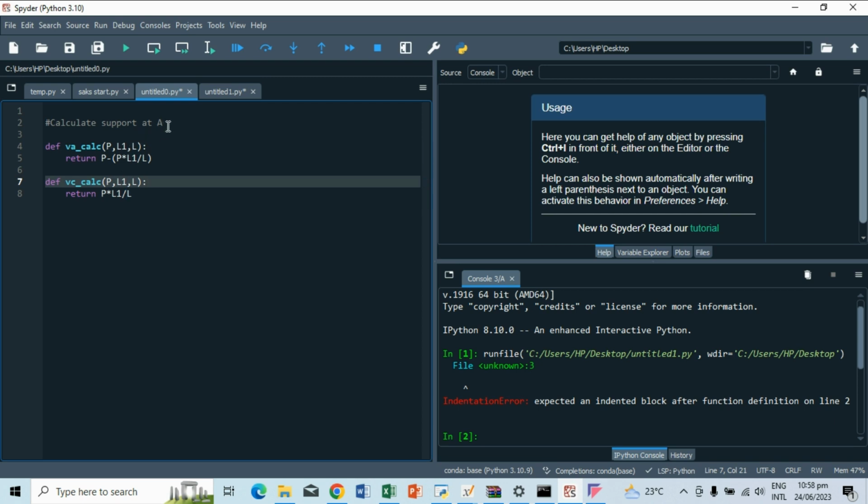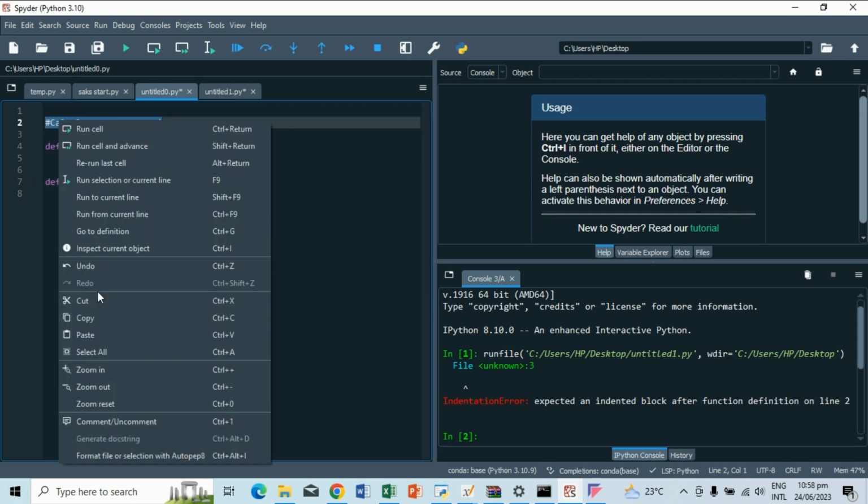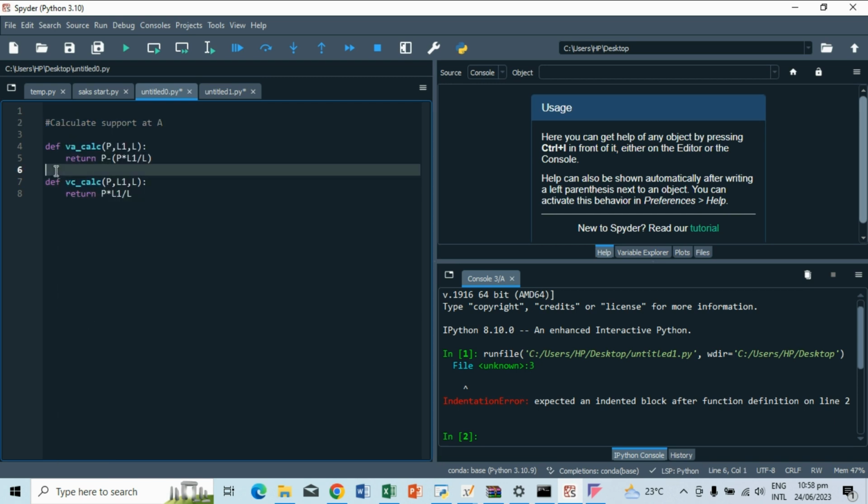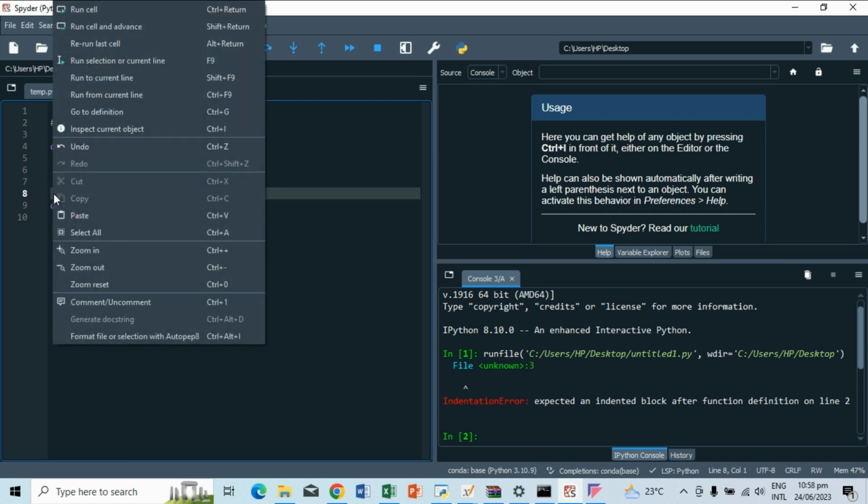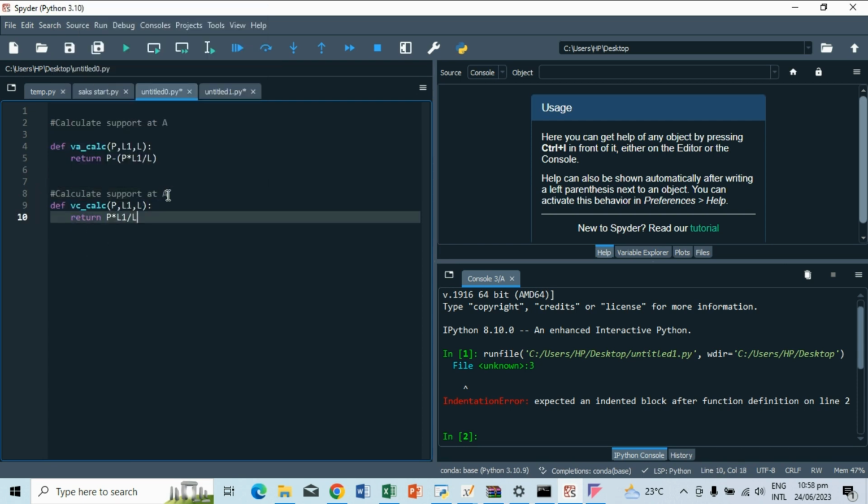So let us comment this also out. We can copy the first comment and bring it down here. I'll change that to C. Okay. Right. So we've been able to define two functions, one for the support reaction at A and the other for the support reaction at C.